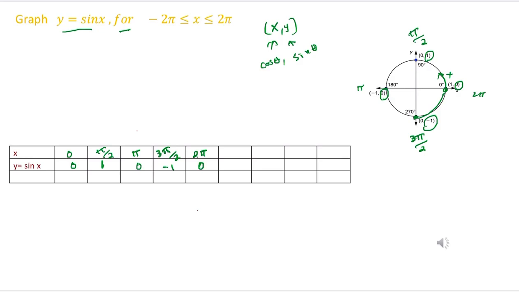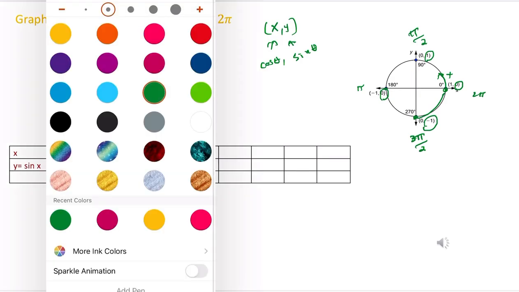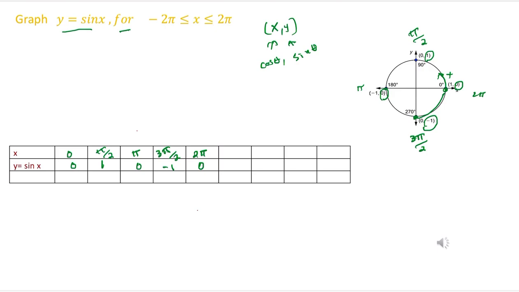Now let's pick some negative values, and I'm going to use the red ink. It's really simple. We go this way, clockwise. So this would be negative pi over 2, this would be negative pi, and this will be negative 3 pi over 2.